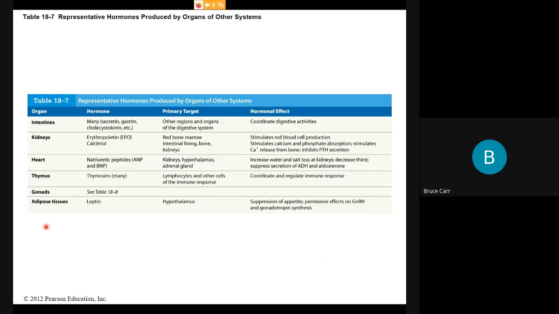The thymus and the many thymosins that it contains have effects on white blood cells and other cells, especially in the immune response and the protection of the body. Gonads, we're going to have 2 full chapters on that. But sex hormones produce not only the function of the reproductive system, what kind of gamete do you make, but the accessory organs and tissues that will allow you to perform your role, the role appropriate to your gender in reproduction.